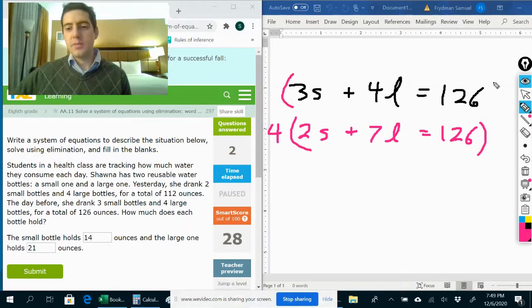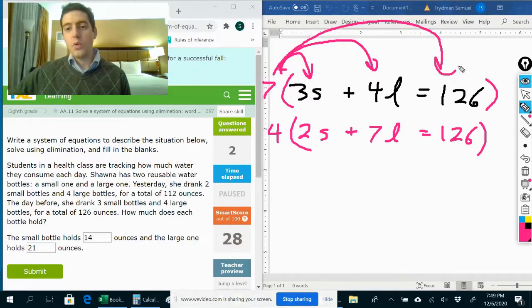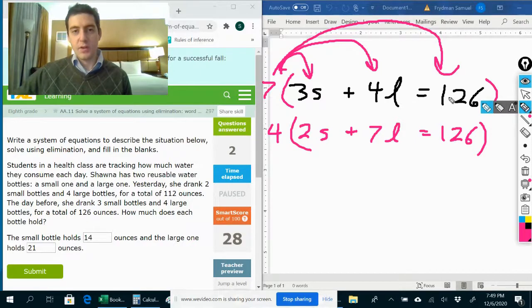And I would have to multiply this entire equation by 7, which means that every single thing would all get multiplied by 7. I'm not going to do that right now, but the point is, if I do 7 times 4L, that'll give me 28L here. If I do 4 times 7L, that'll also give me 28L here. And then I get whatever I get for this other stuff. But the point is, now the coefficients in front of the L terms are going to be the same. So I would be able to subtract to get rid of that.